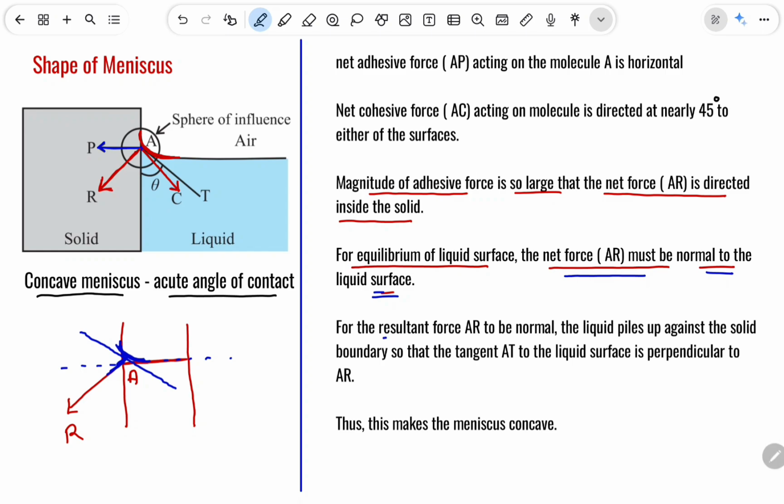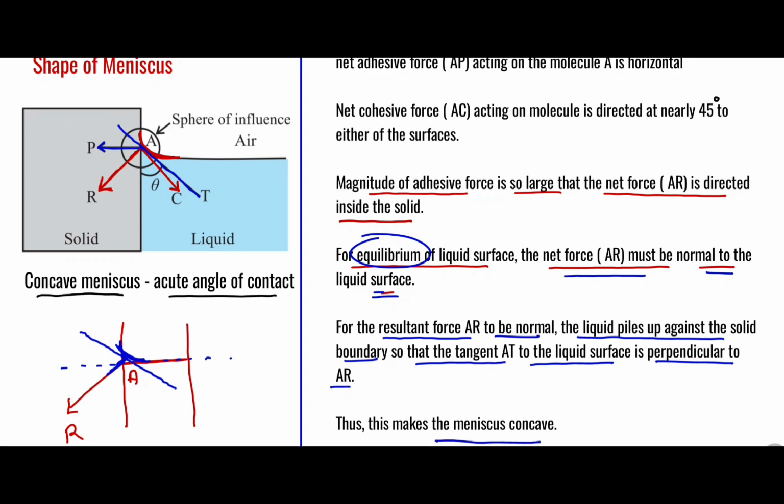So for resultant force AR to be normal, which is the requirement for equilibrium, the liquid piles up against the solid boundary, which means that the liquid climbs up over the solid so that the tangent AT, which I have darkened over here in the top diagram, to the liquid surface becomes perpendicular to AR. And because of this, we get a concave meniscus.